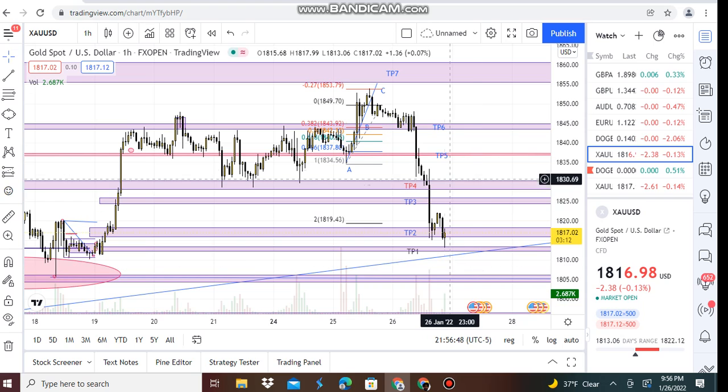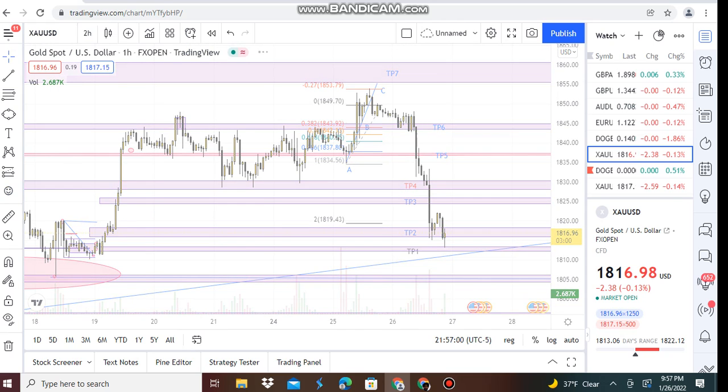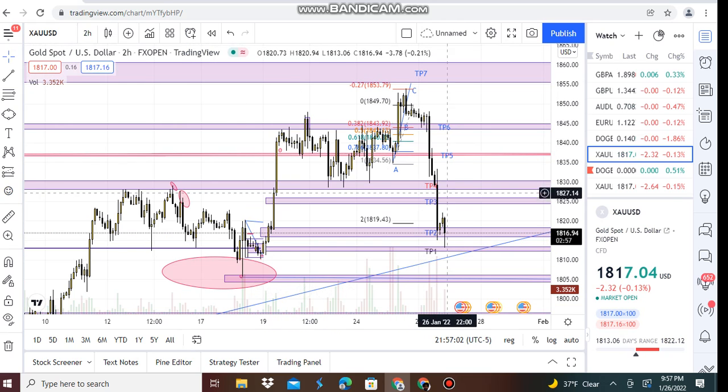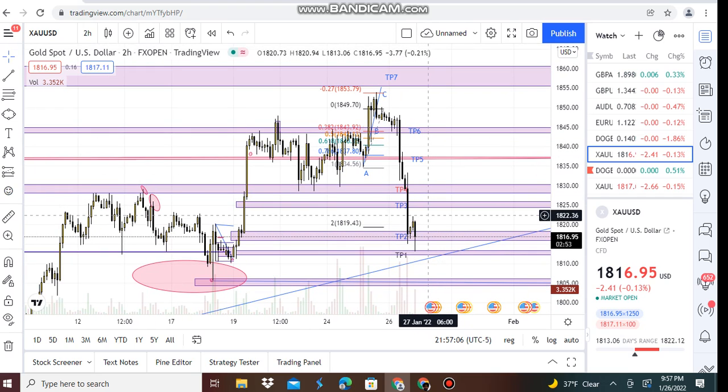I see after a major move like this, like you see on the 1 hour, you can see more structure on the 1 hour. But to determine the overall direction of the trade, we will go to the 2 hour. To see, okay, black candlestick. Now we see more bodies of black candlesticks being formed.